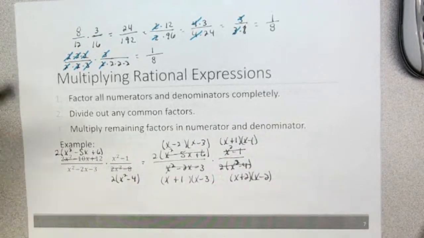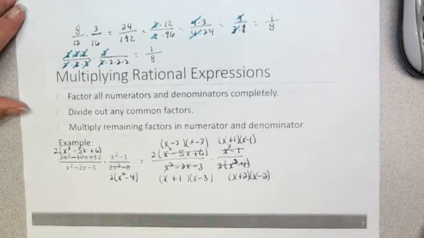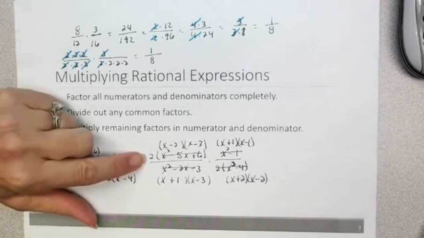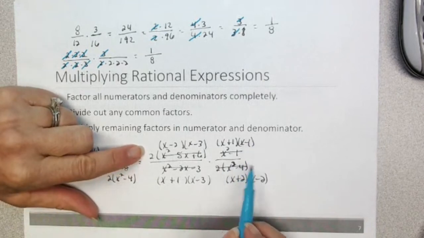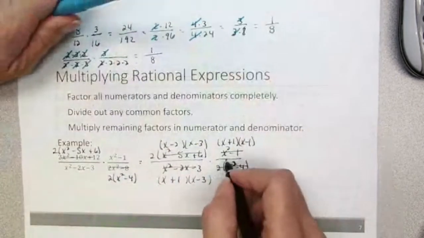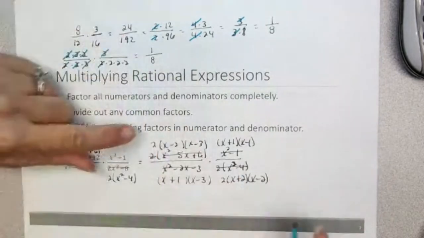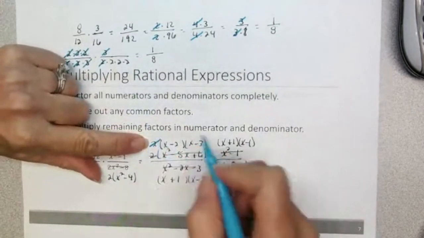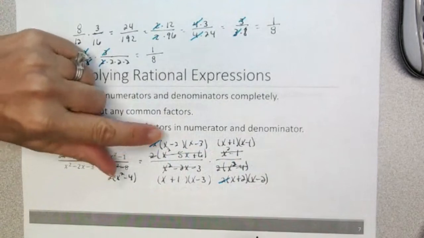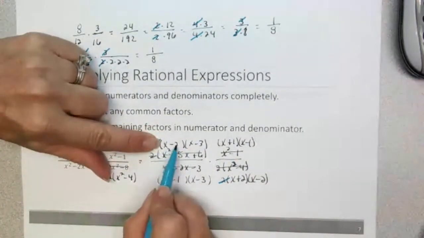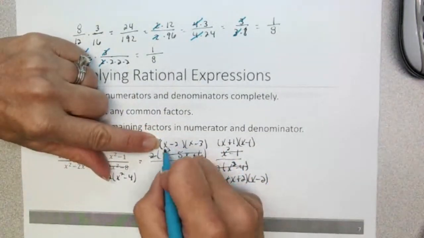Now my numerators and denominators are fully factored. I can go through and divide out common factors between the numerator and the denominator. There's a 2 in the numerator and a 2 in the denominator. Those will divide out. There's an x minus 2 in the numerator and one down here in the denominator.